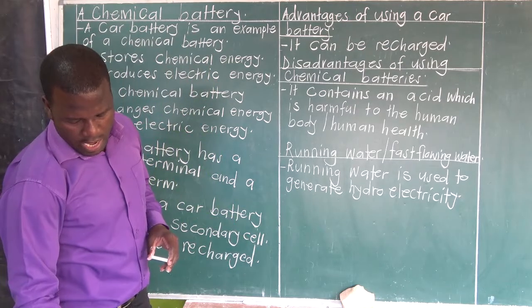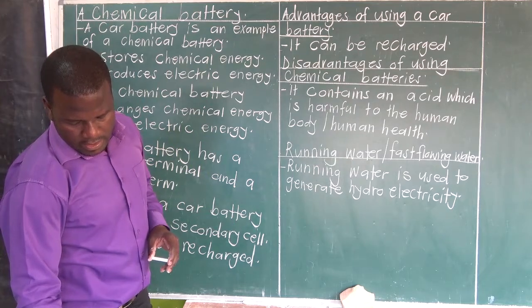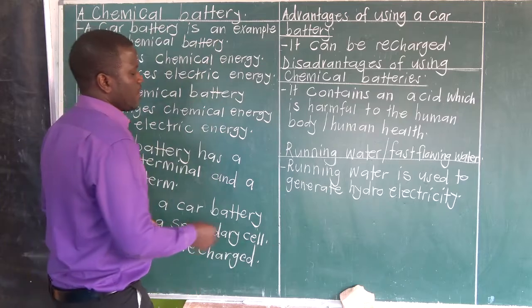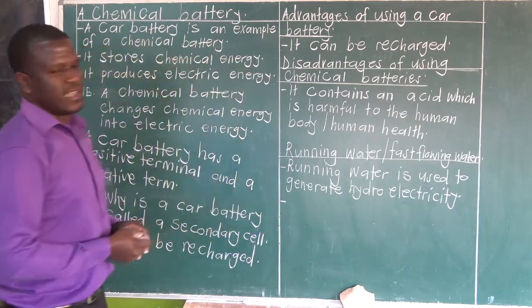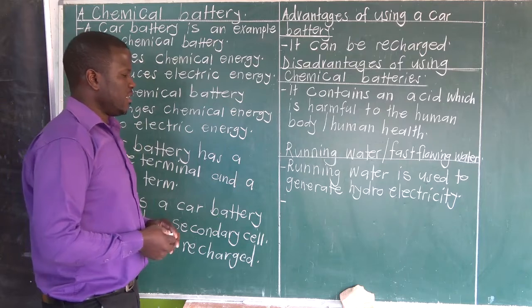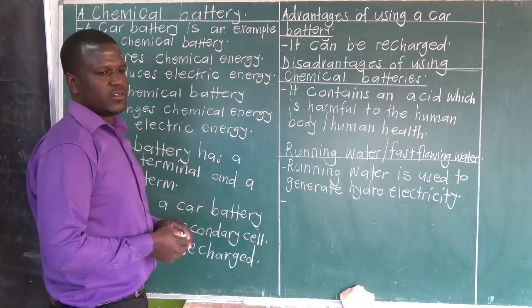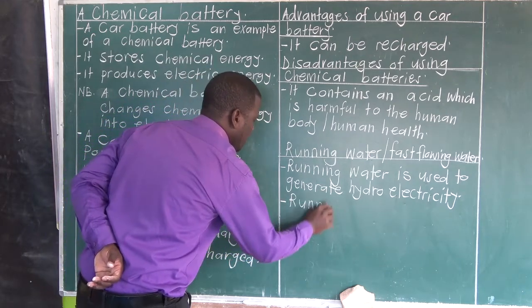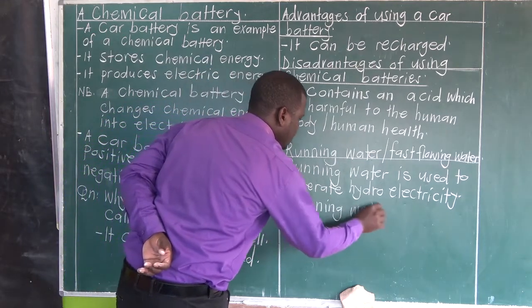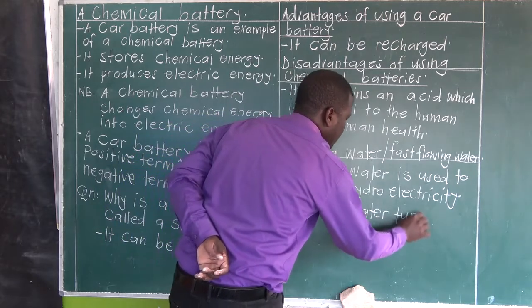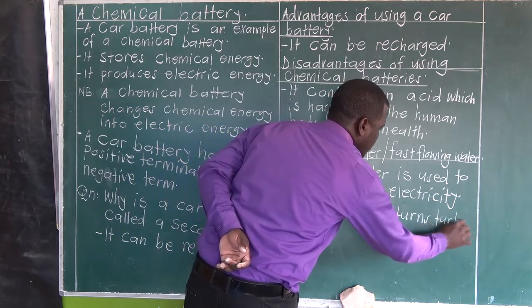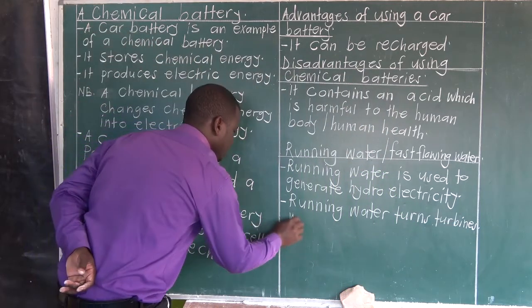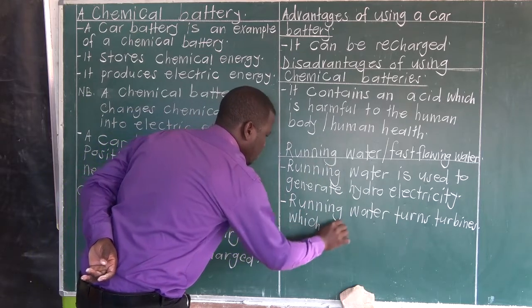So if they ask you, how does fast flowing water generate electricity? You can say running water turns turbines which are connected to generators.